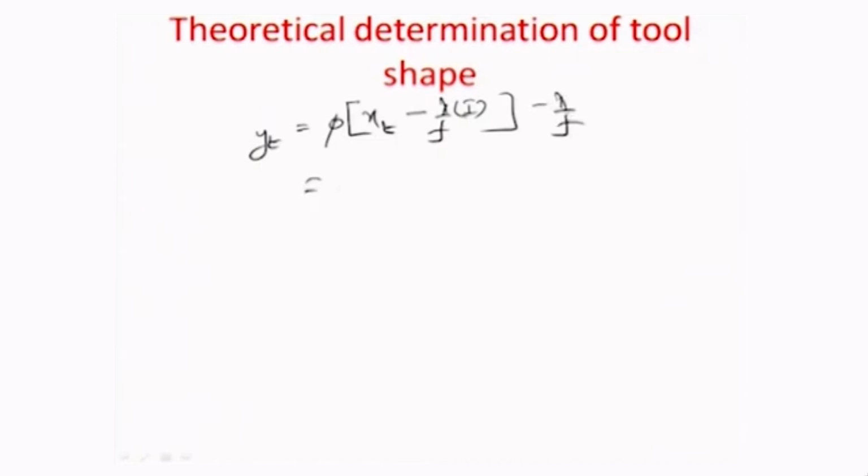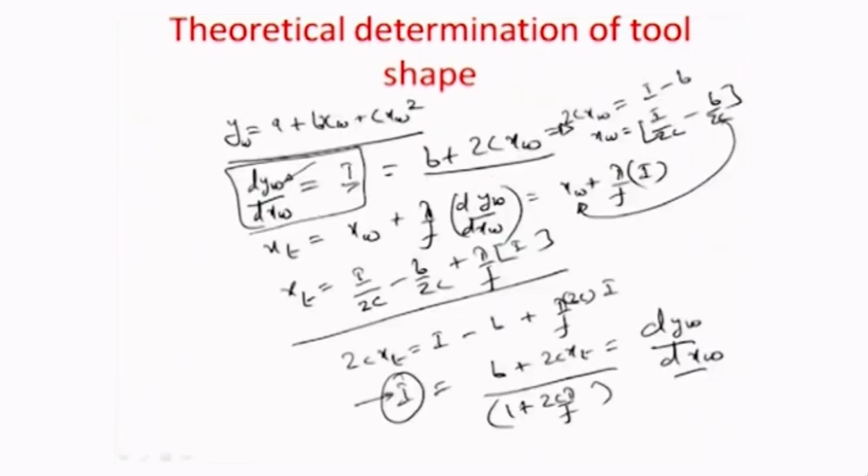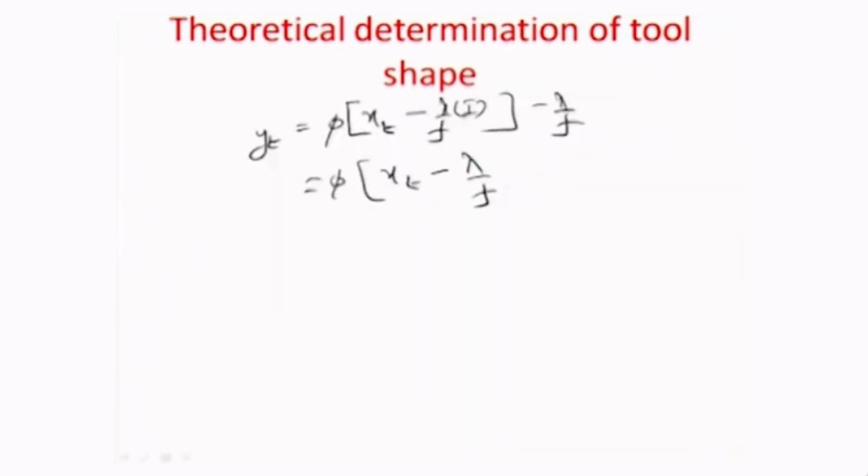And this really means that the argument xt becomes xt minus lambda by f times the I value that has been deciphered before as b plus twice cxt divided by 1 plus twice c lambda by f. So, minus lambda by f.